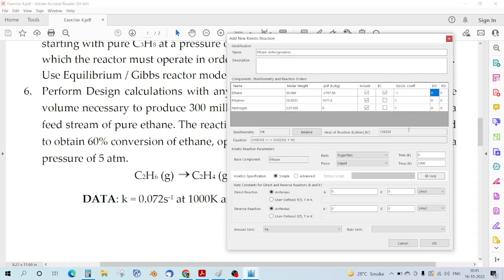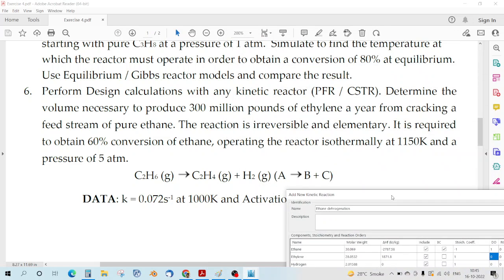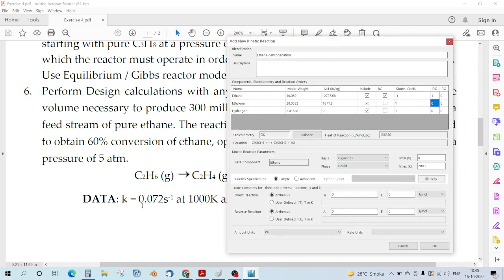Okay, and it's a first order elementary reaction. Even the rate constant is given in inverse seconds, so it's a first order reaction. Reverse order is no, it's just an irreversible reaction, so there is no reverse reaction, and it's balanced stoichiometry.